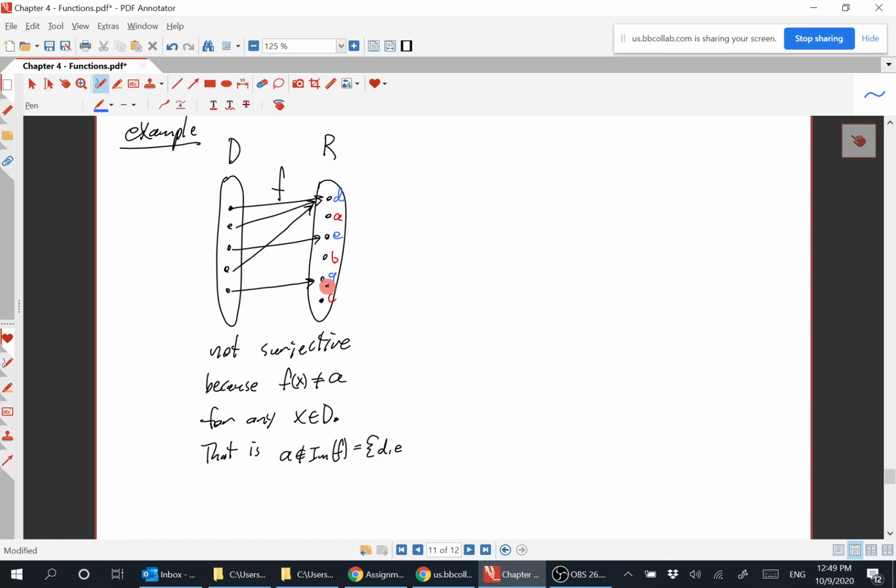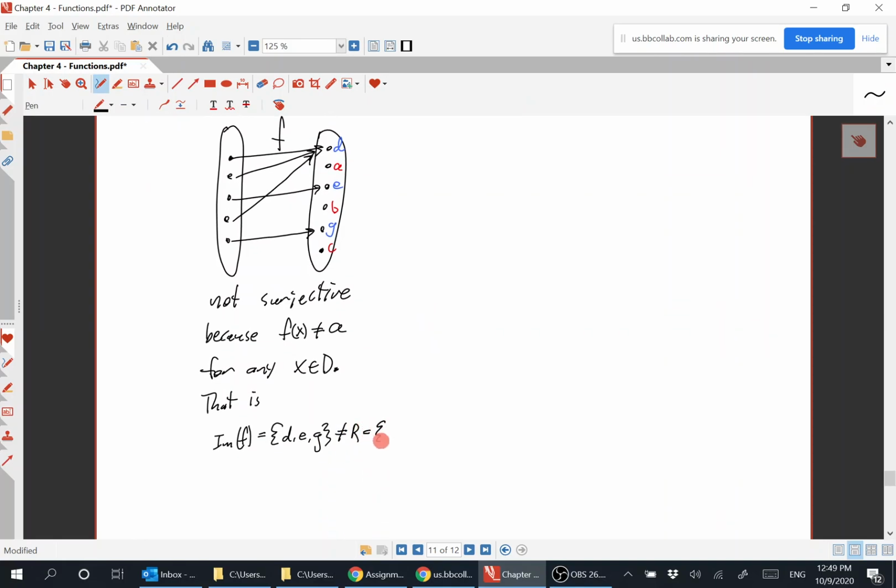D, E, F, G. A is not in the image of f, which is D, E, G. Or the image of f, which is D, E, G, is not equal to the range entirely, which is the set A, B, C, D, E, G.